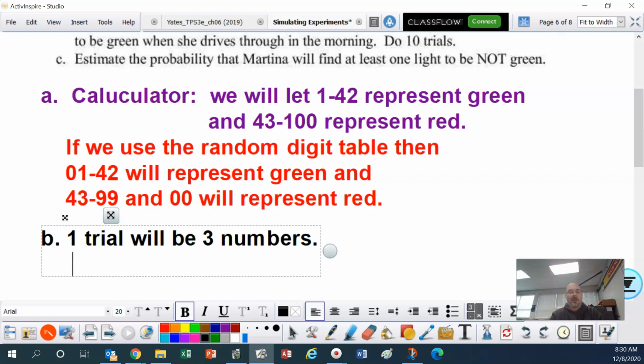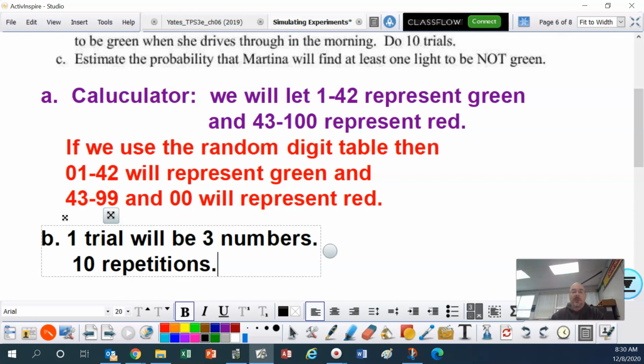And I'm just going to do what it says. I'm just going to do 10. Now, really, that should be 10 repetitions. Okay, not trials. One trial will be 3 numbers, and I'm going to do 10 repetitions. So ignore the do 10 trials. That should be do 10 repetitions.